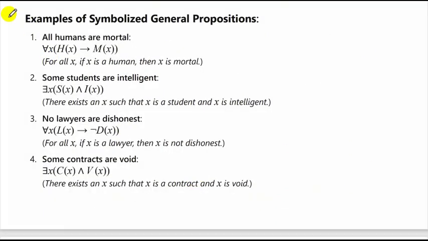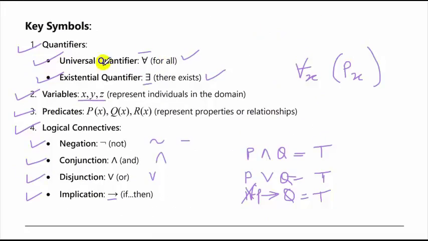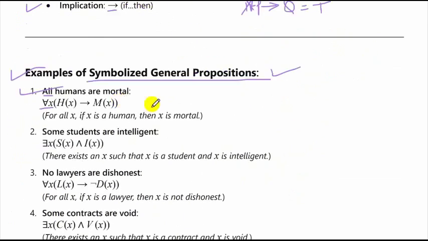Let's look at some examples of symbolized general propositions. These will come in the exams. They will tell us to convert or symbolize general propositions into symbols. So, all humans are mortal. When we say all, these are universal quantifiers, for all.